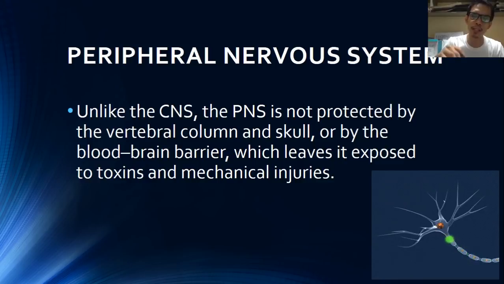In this group, the nerves here are not protected by a bone or anything else, or a fluid like the cerebrospinal fluid that we discussed last time for the central nervous system. Instead, these nerves located in the peripheral nervous system are exposed to different aspects like toxins or chemicals.